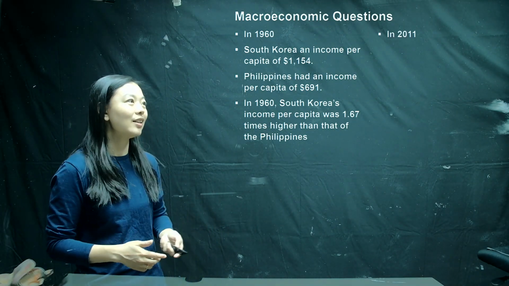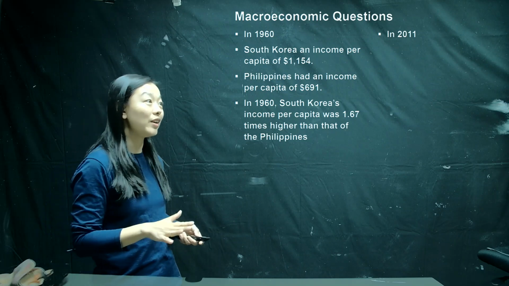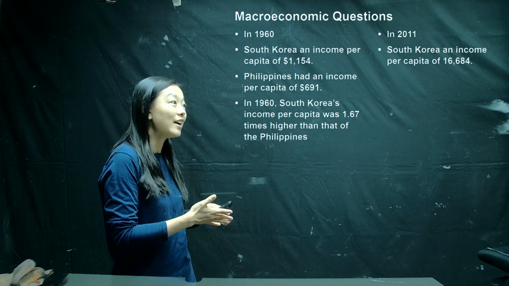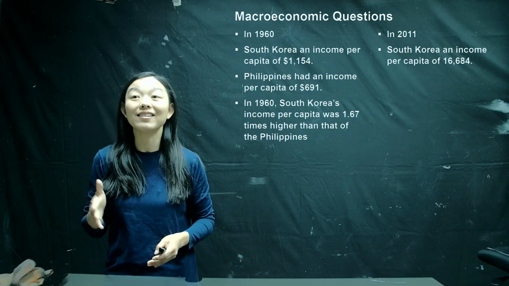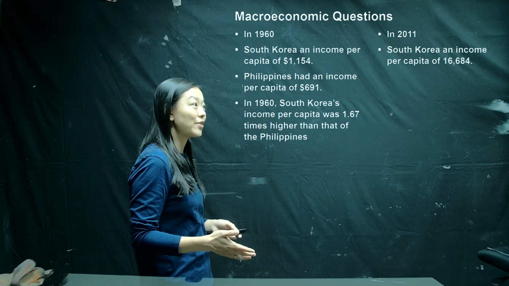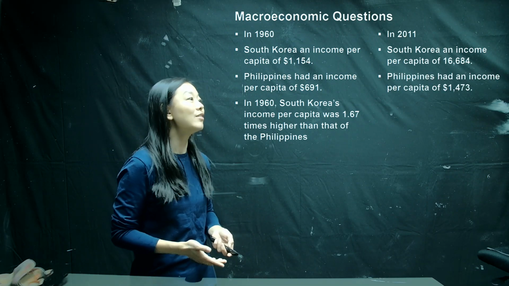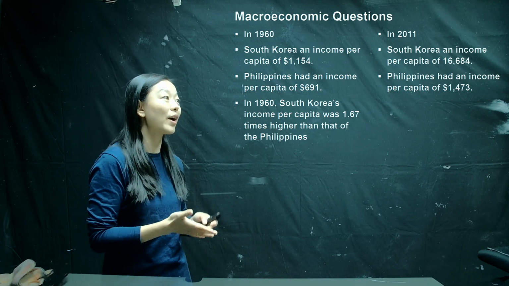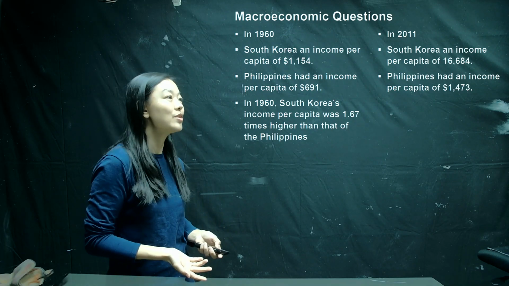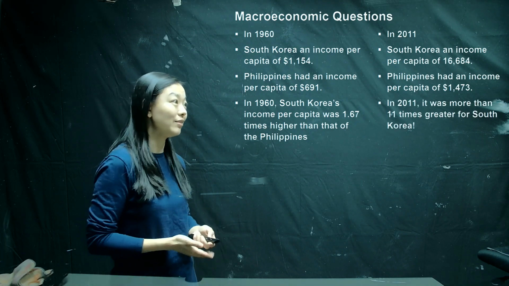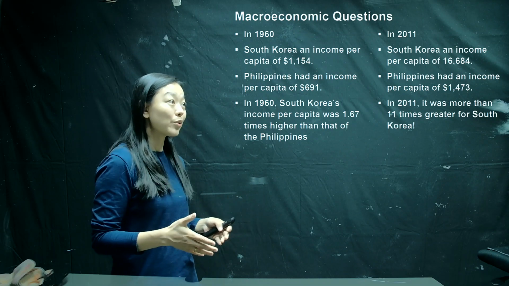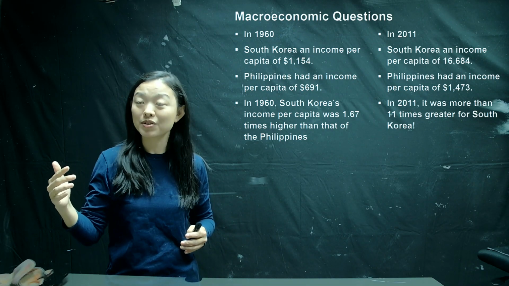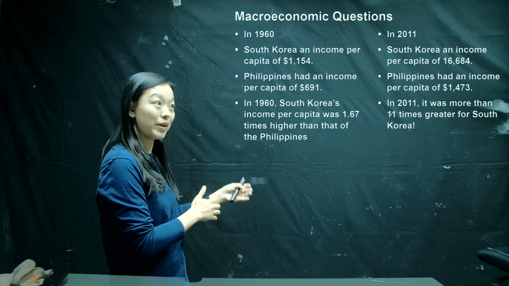Fifty years later in 2011, South Korea had an income per capita of $16,684, and the Philippines had an income per capita of $1,473. So in 2011, South Korea's income per capita is now 11 times higher than the Philippines'.